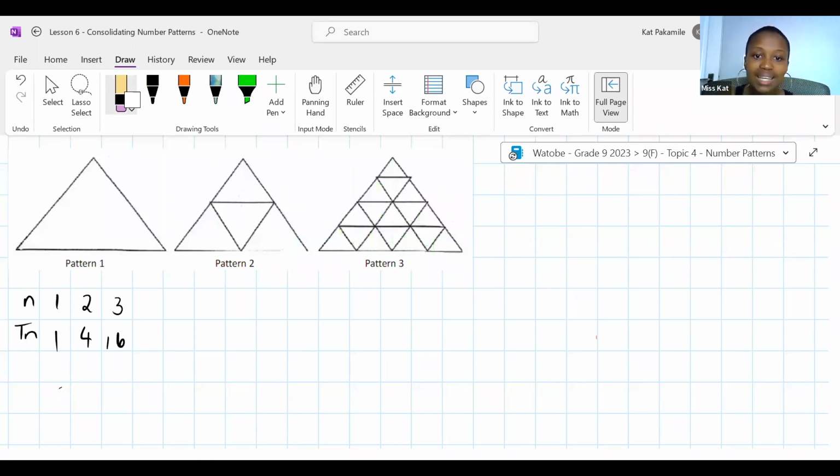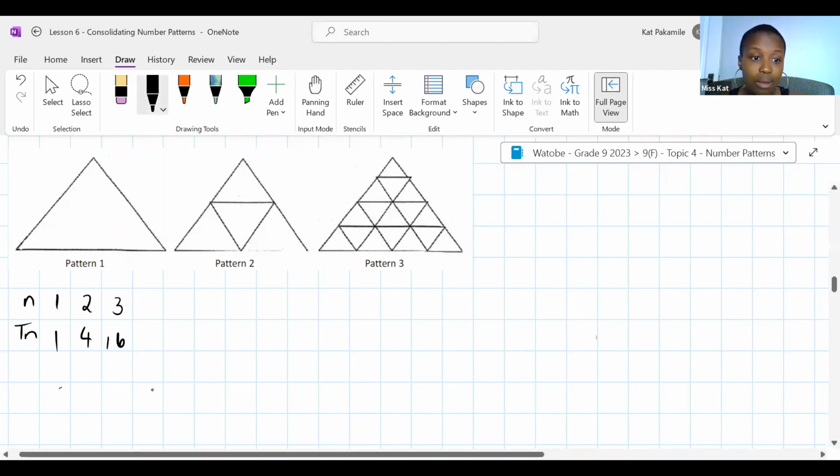You counted 15. 16, definitely 16. I'm actually saying squaring. Multiply by 4. So to go from there to there, we say times 4, times 4.